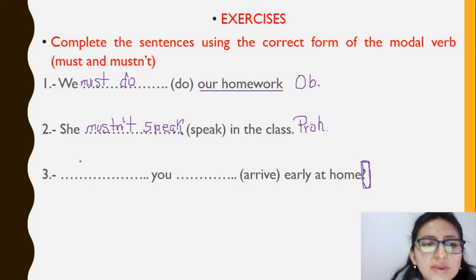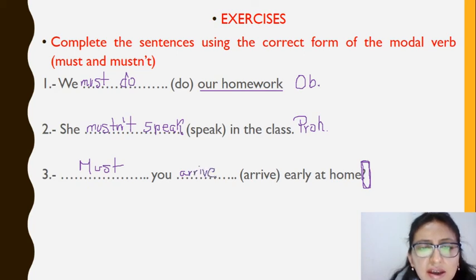In this case, we have to write the modal verb must. Must you verb? Very good. Must you arrive early at home? ¿Debes tú llegar temprano a casa? Okay? Positive answer, how would it be?